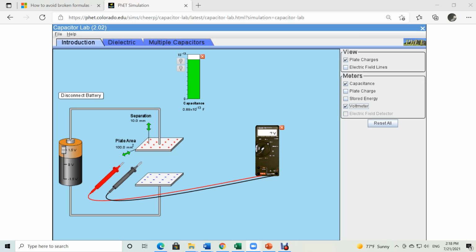5.15 volts. Now let's see what's the voltage of my capacitor. Most likely I have already lost some charge in this capacitor. I'm going to connect the ends of the probe to the ends of the capacitor. A little bit tricky here.